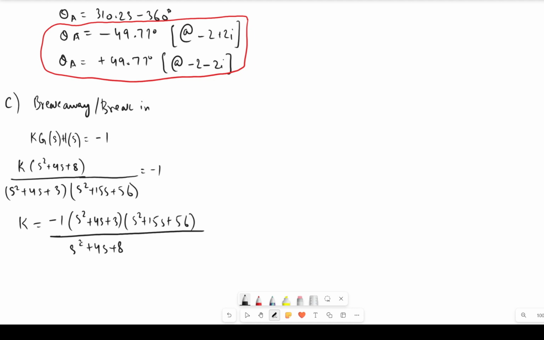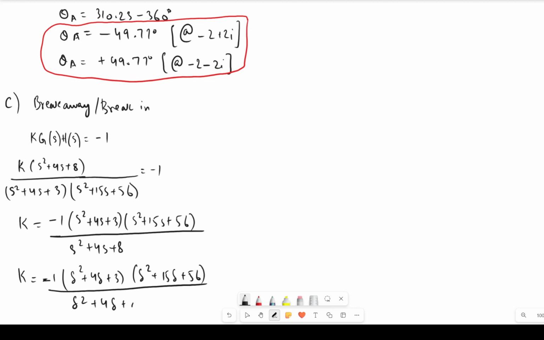So once we obtain the value of k, we will replace all the s with sigma. Minus 1 times sigma squared plus 4 sigma plus 3 times sigma squared plus 15 sigma plus 56 divided by sigma squared plus 4 sigma plus 8.